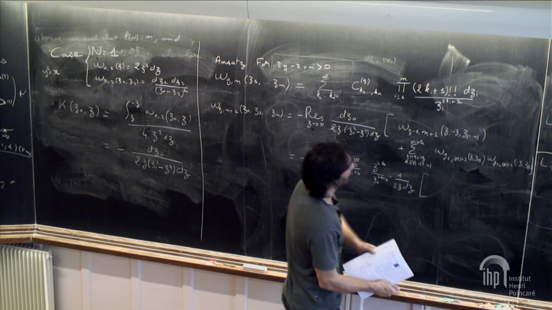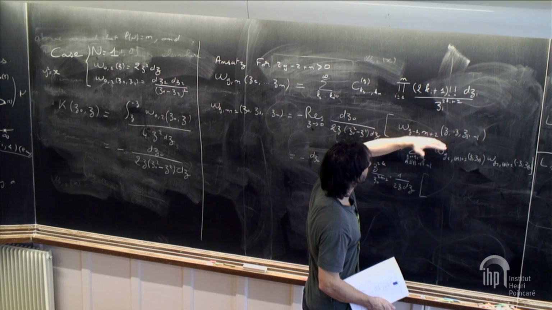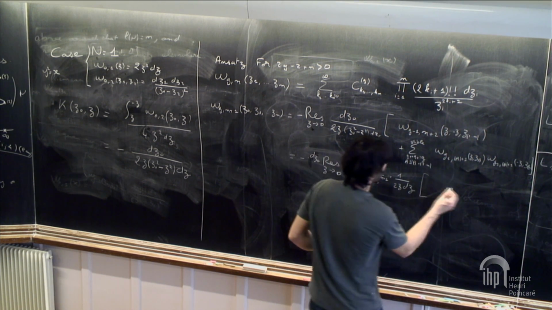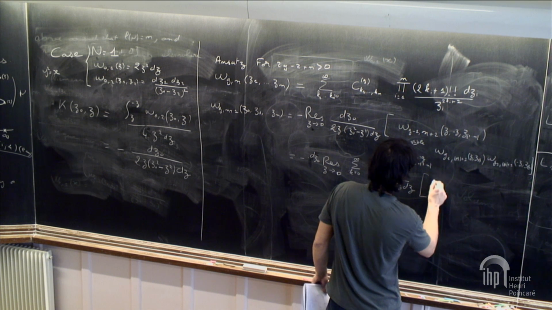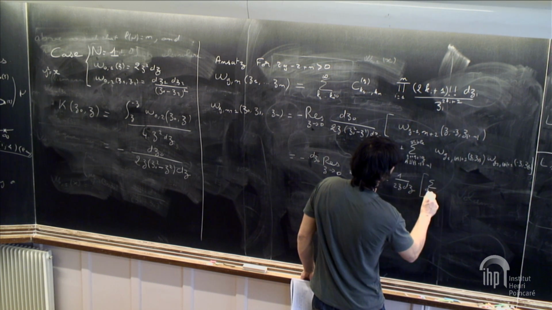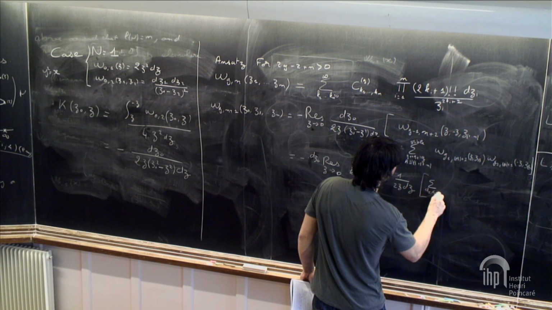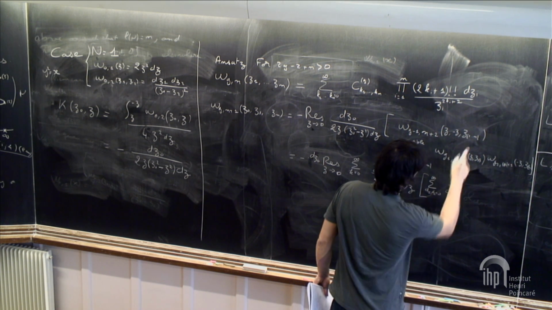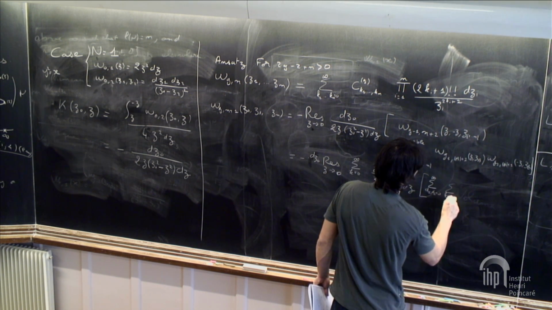For the moment, I will not write this part, so I will just look at this, and I make an expansion in C. It's the sum over d1, d2 from 0 to infinity, sum over k1 to kn, ranging from 0 to infinity.